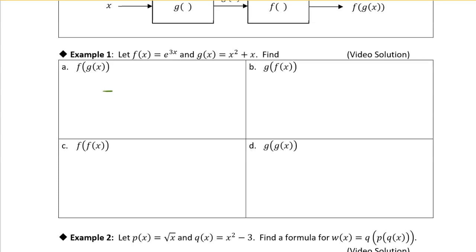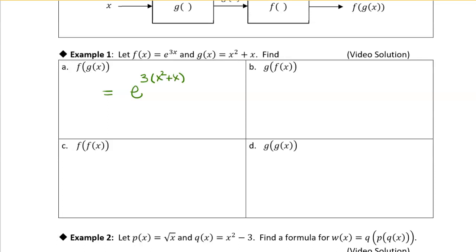So f of x is e to the 3x. The input is x, but we're going to feed into it the g of x function, so x squared plus x. All right, and that's it. We're replacing the input of one function with the output of the other function.